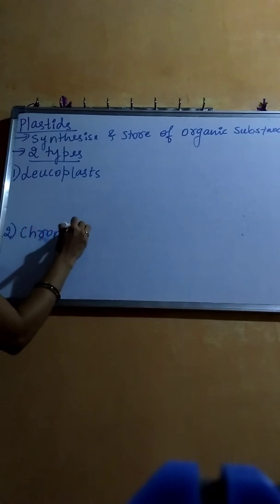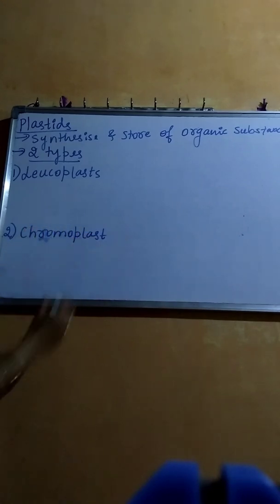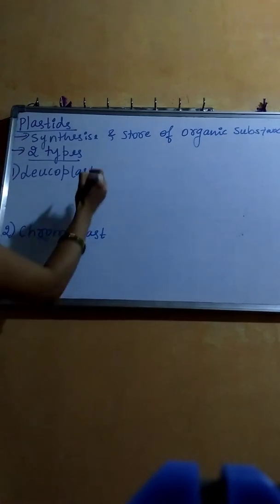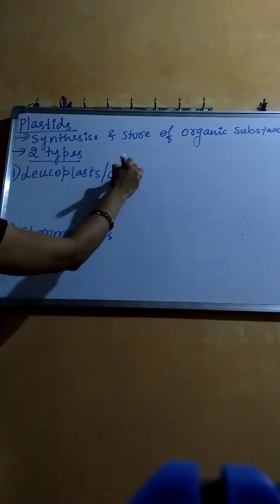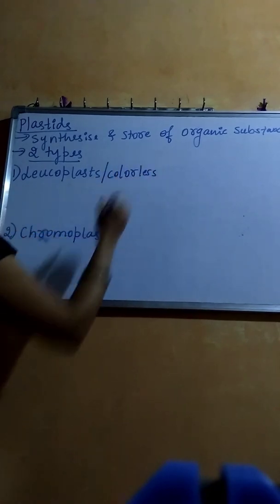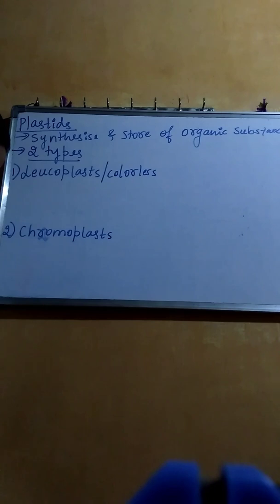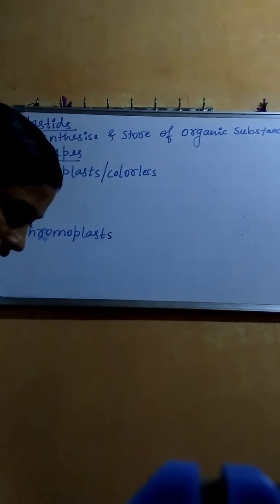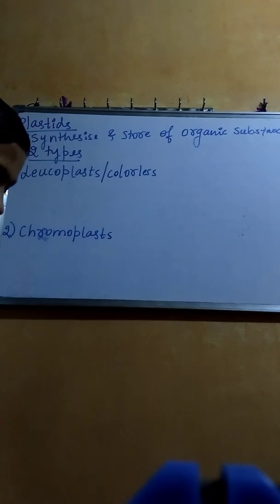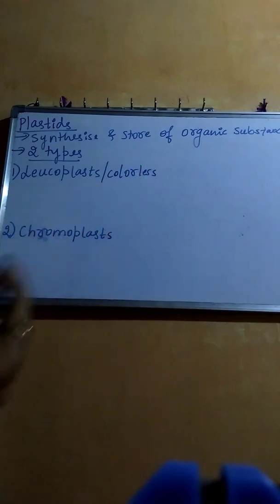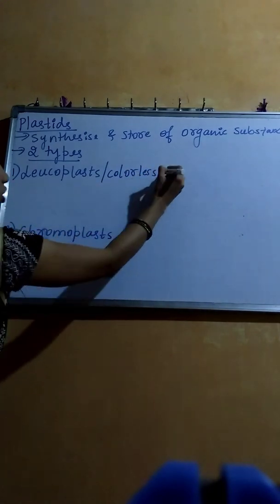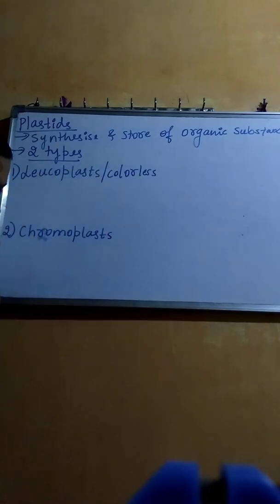Leucoplasts are colorless plastids which are specially meant for the storage of food materials.